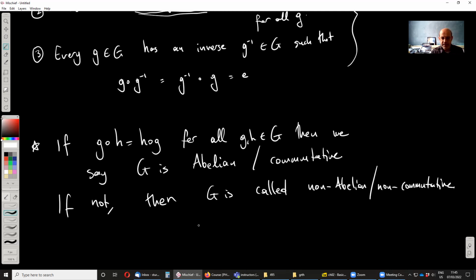So that's not one of the group axioms. It's just another property that some groups satisfy and some other groups do not. There are certain things that I need to state before everything, so I don't want to forget some of them. Yeah, let me first start with some examples, okay?